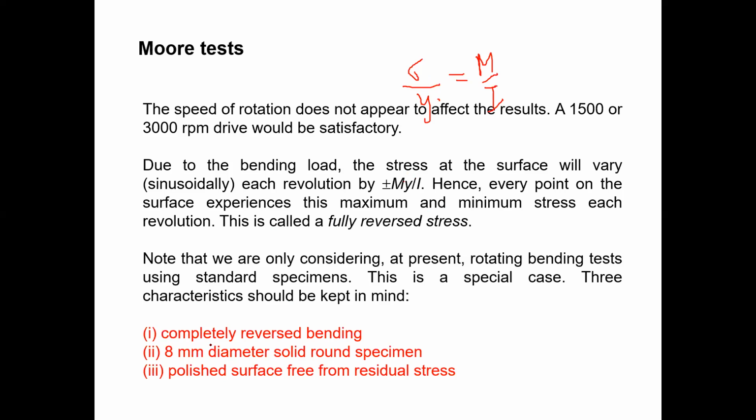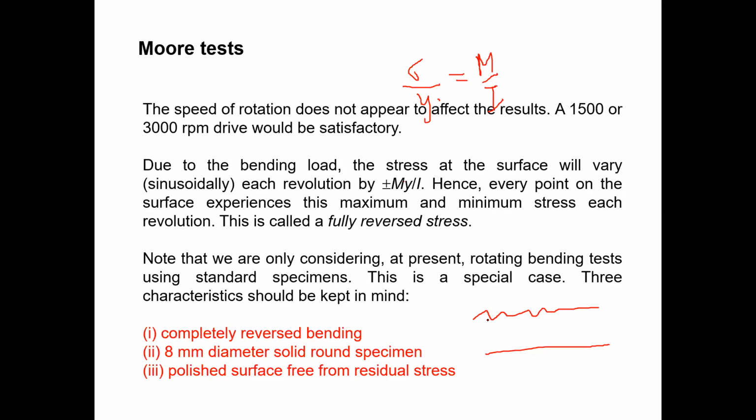In the Moore test, that technique is completely reversed bending, fully reversed bending, and we need to use an 8 mm diameter solid round specimen with a polished surface free from residual stresses. If there is any wave on the surface, without a polished, smooth surface, that is also a kind of stress concentration point.